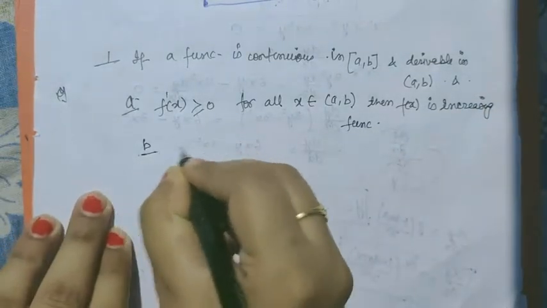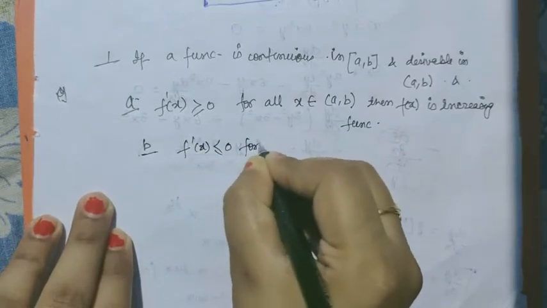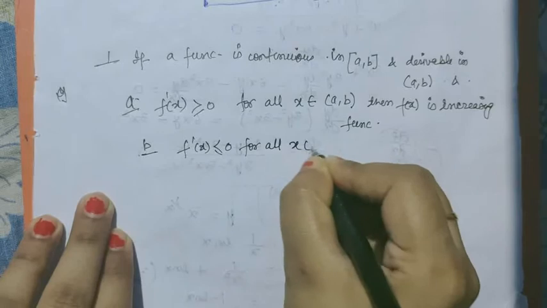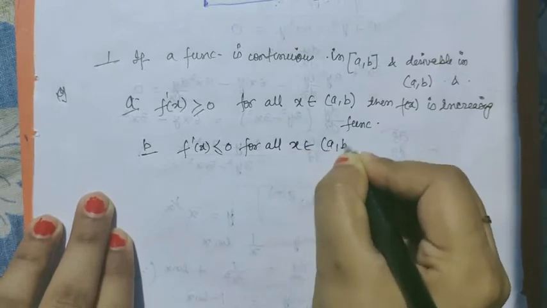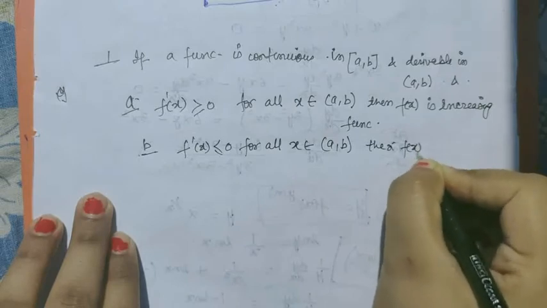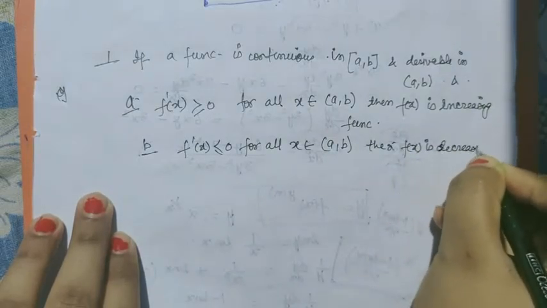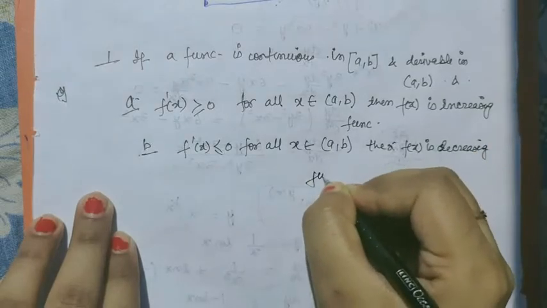And second point, if f dash x is less than or equal to 0 for all x belonging to a and b, then f(x) is decreasing function.